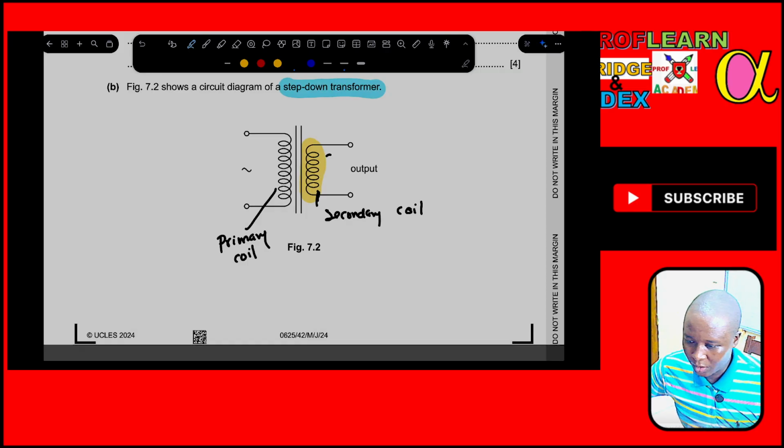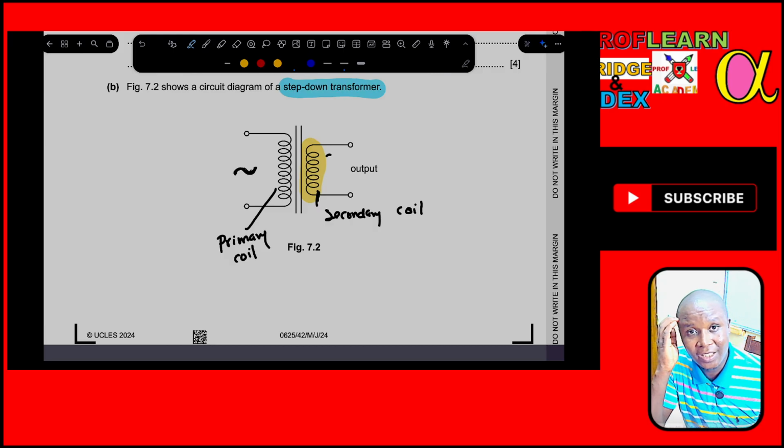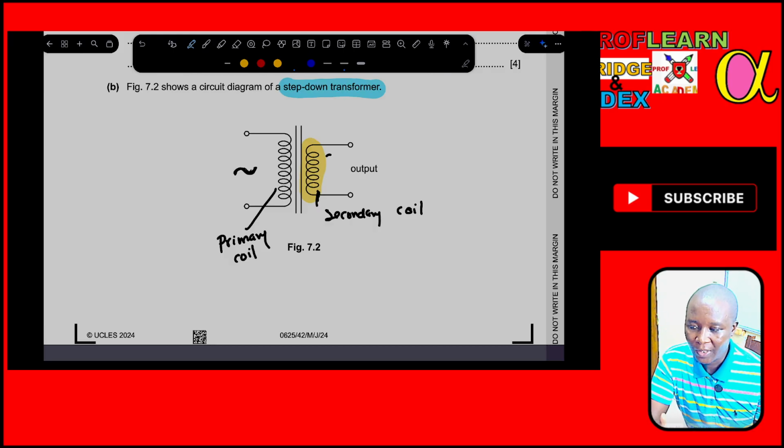Now here, what you need to remember is that a transformer uses alternating current. When alternating current flows through the primary coil, it creates magnetic fields which are constantly changing in size and direction.